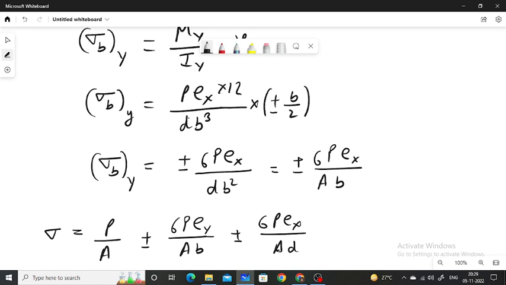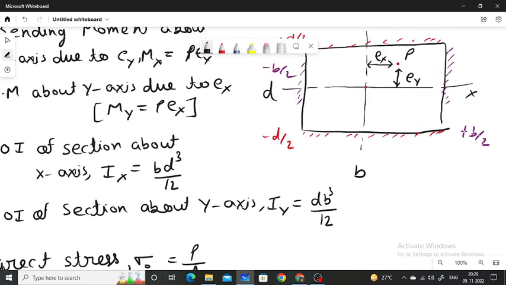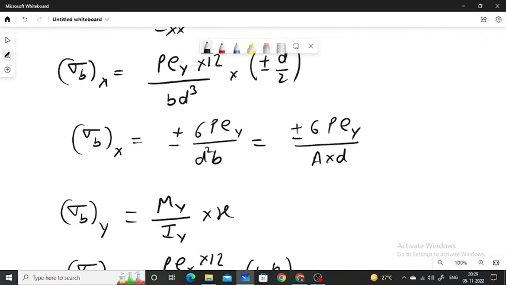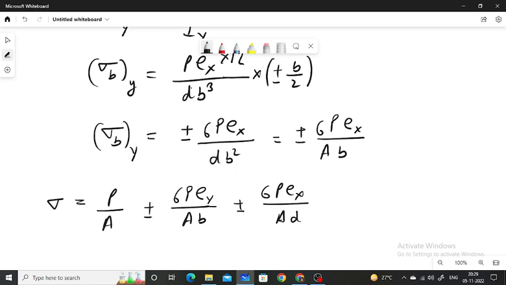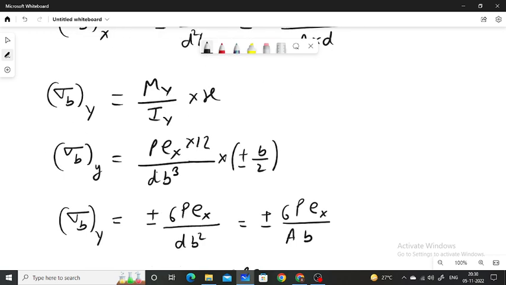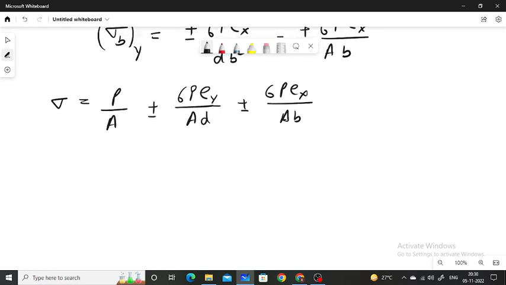bd cube by 12. Eccentricity from the x-axis is, इसमें डी आएगा इधर। ओके correct.